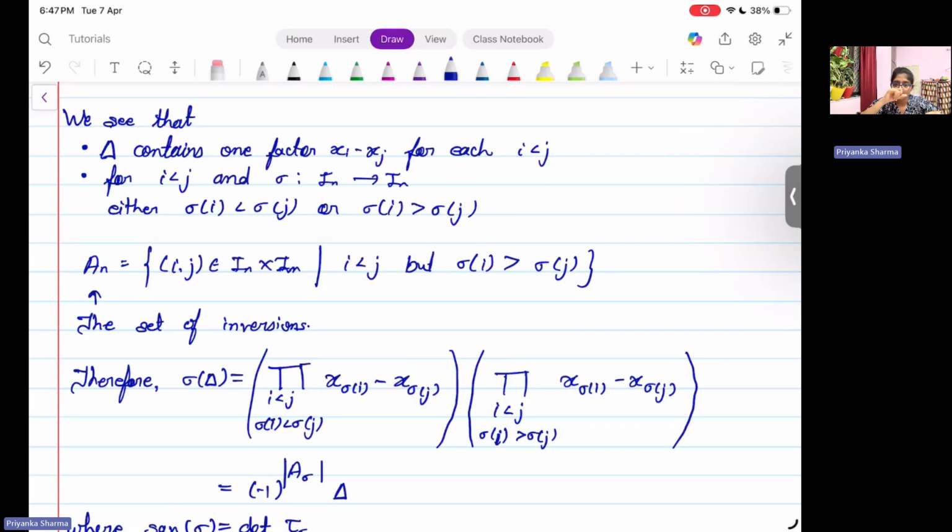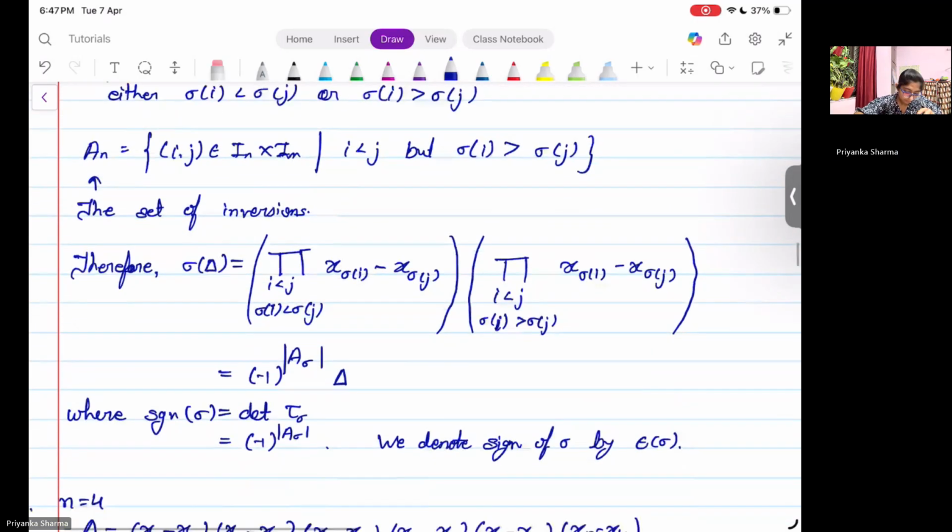In delta we write x_i minus x_j where the first index is less than the second one. So if we take the permutation sigma and the roles reverse, we form A_sigma, the collection of pairs (i, j) from n cross n, where i is less than j but their images sigma(i) and sigma(j) have the reverse order. That is, for i less than j, sigma(i) is greater than sigma(j). This is the set of inversions.